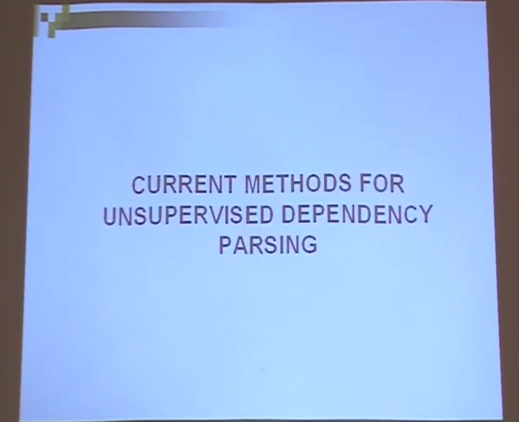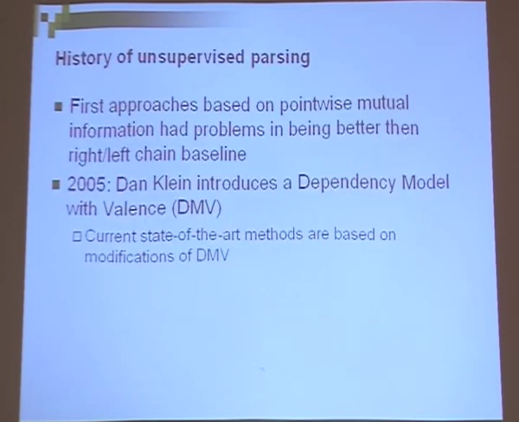So this is the evaluation. Now I will describe some current methods which are used mainly at Stanford University. And something about history. First approaches were based on pointwise mutual information between two words in a sentence.